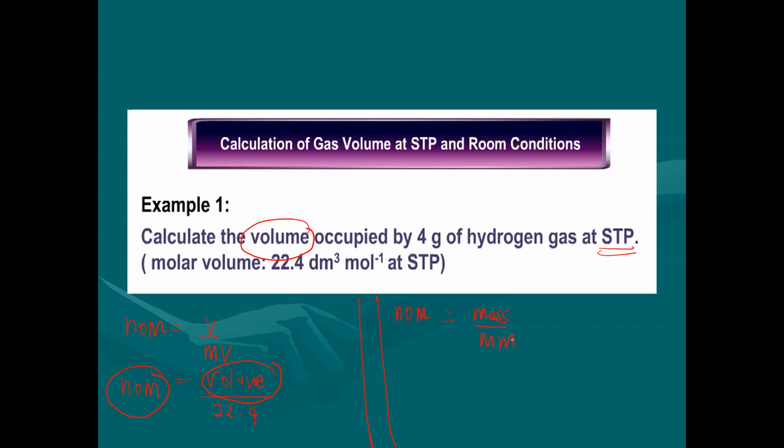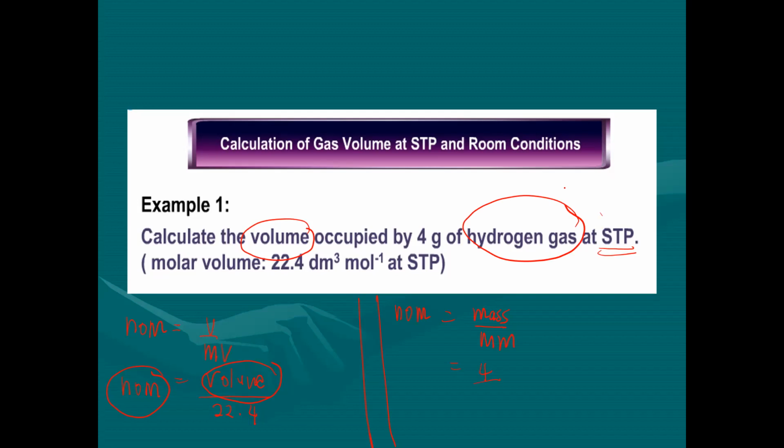Do I know what the mass of hydrogen is here, class? 4. Yes, it's 4. Very good. Molar mass, what is my molar mass of hydrogen gas?